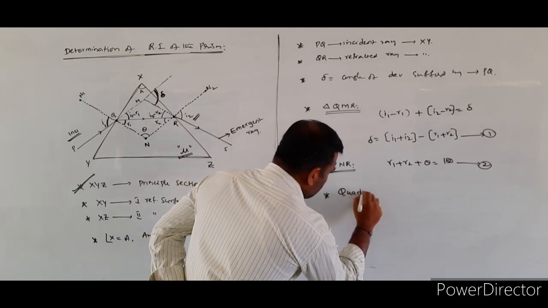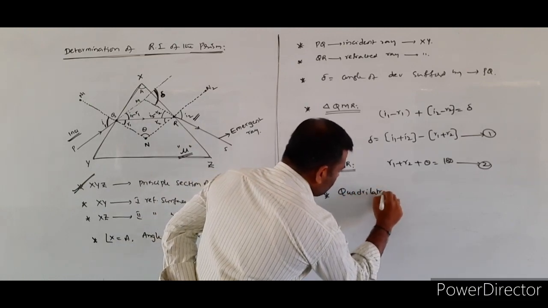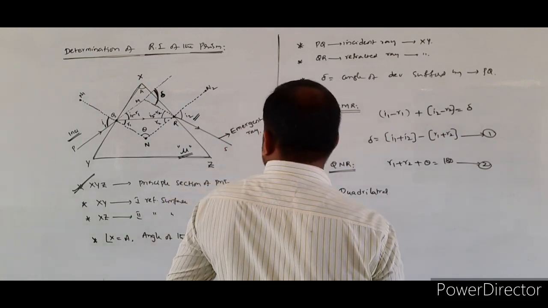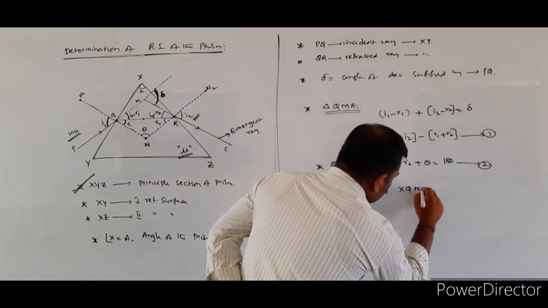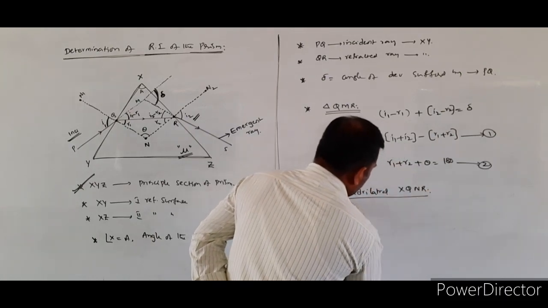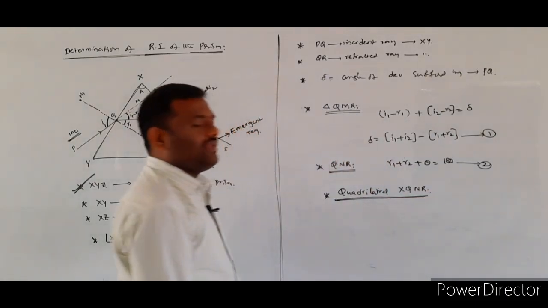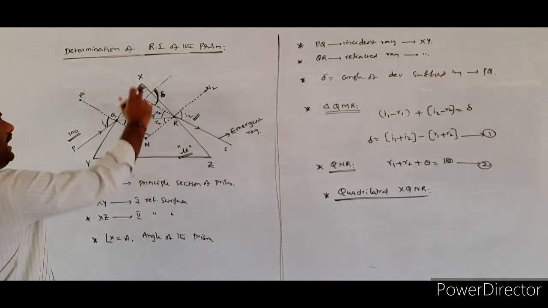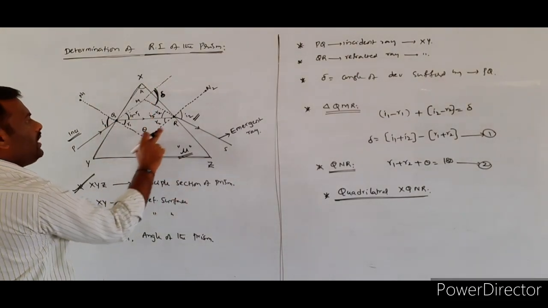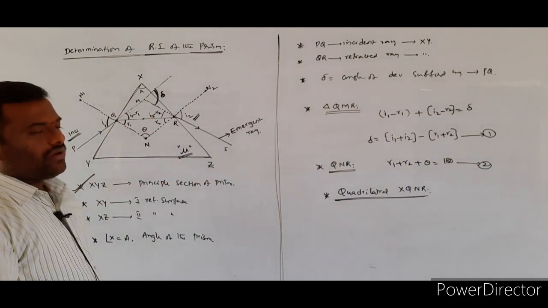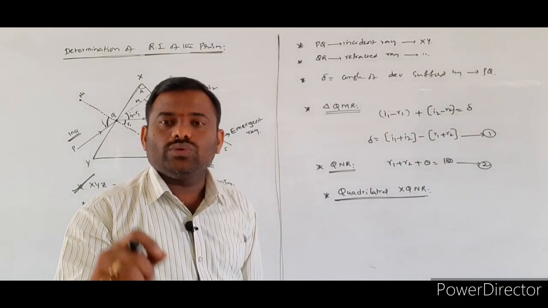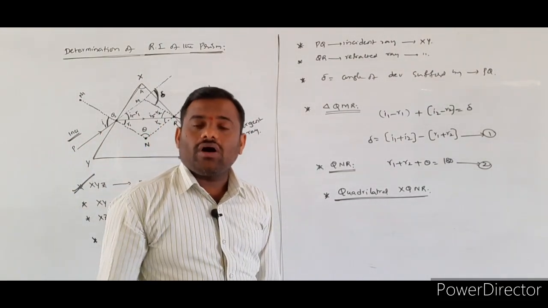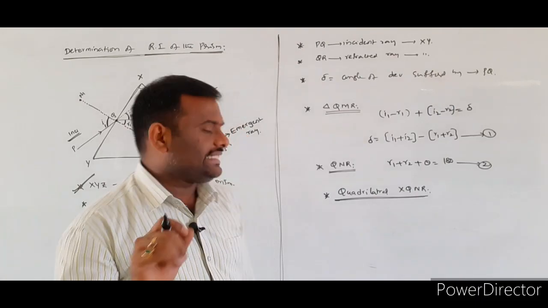Okay, next. Now I will consider quadrilateral XQNR. In a given quadrilateral, the sum of all the angles is equal to 360 degrees.